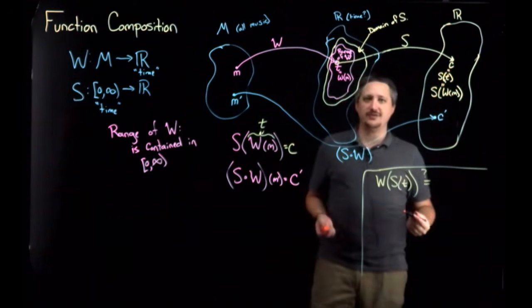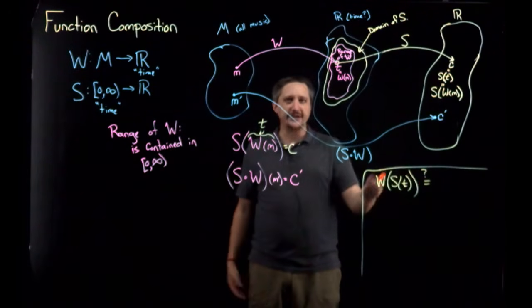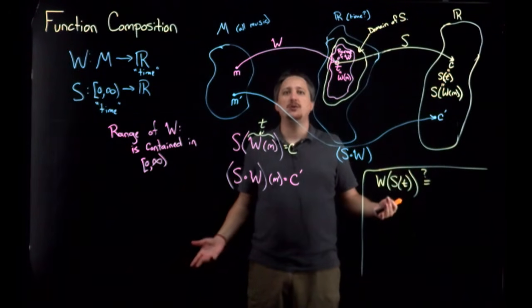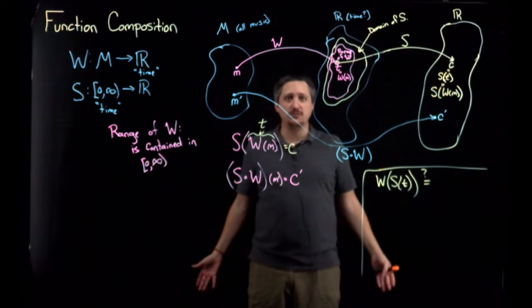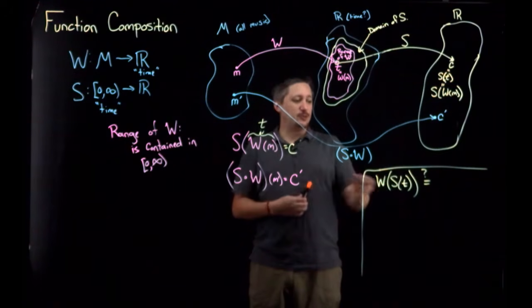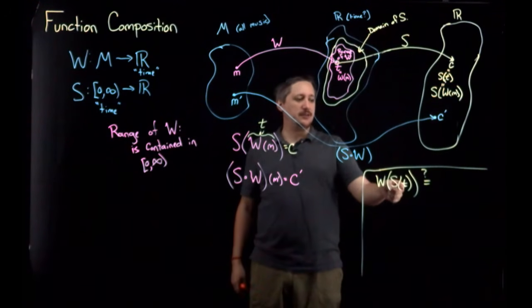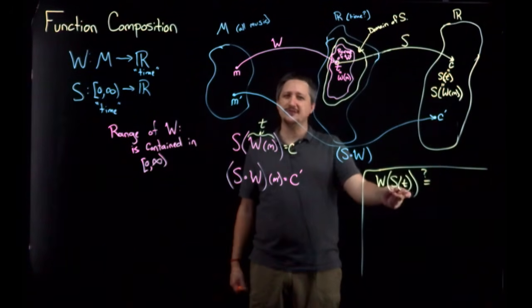Now, if all you ever see this with is numbers, then this would be a thing, and it's hard to tell how it would relate to the other thing. Spoiler alert, it doesn't relate at all, which is the point here. Look at this as context. Think about what this is saying. I'm taking in a time, I'm getting out how much it costs to run a studio for that time, then I want to take in the cost and see how long it takes to produce a music of that cost.